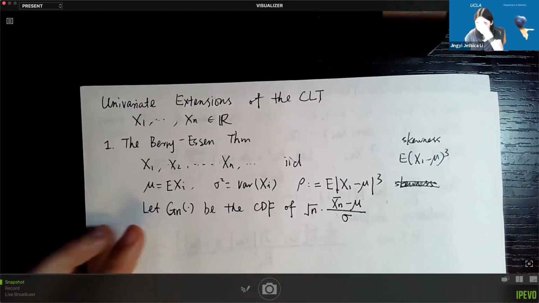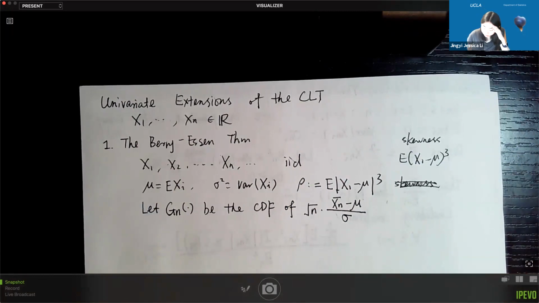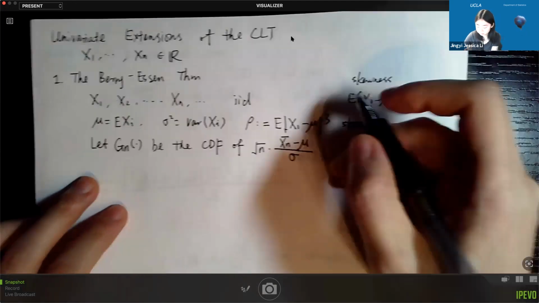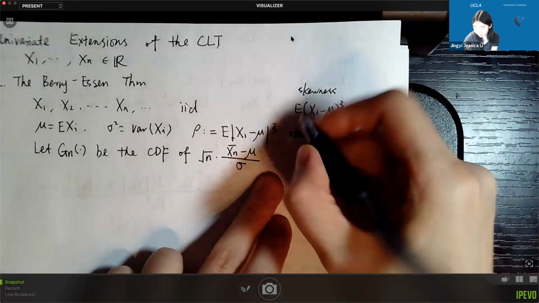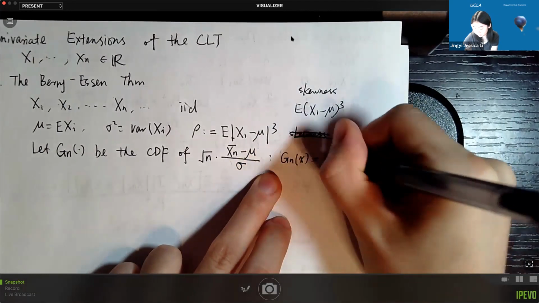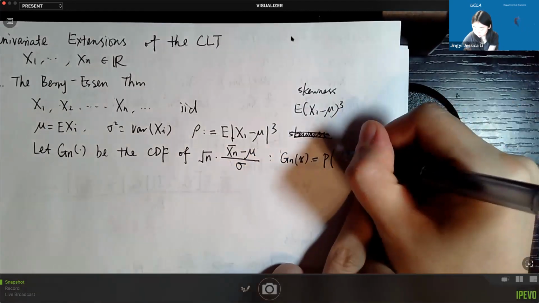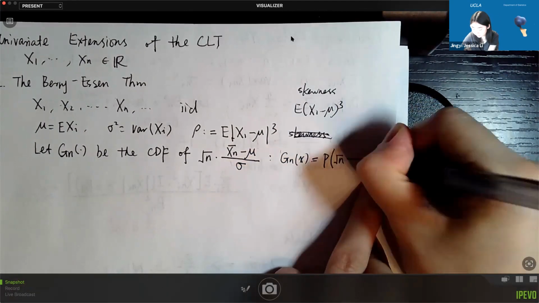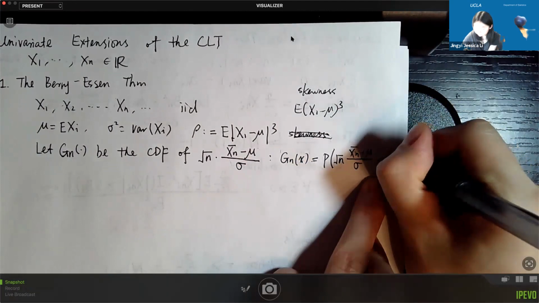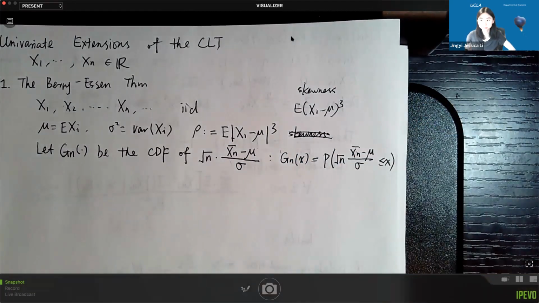I'm taking the sample average, centering it, standardizing it, and then multiplying by root n. So Gn(x) is defined as the probability that this random variable is less than or equal to x. That's what we mean by the CDF.